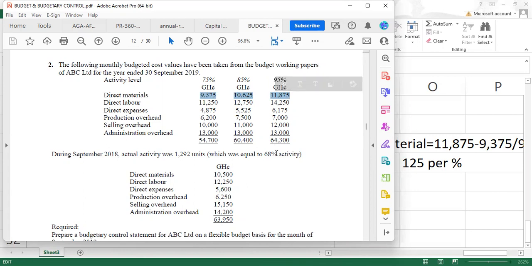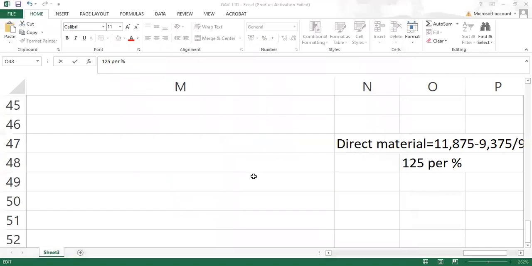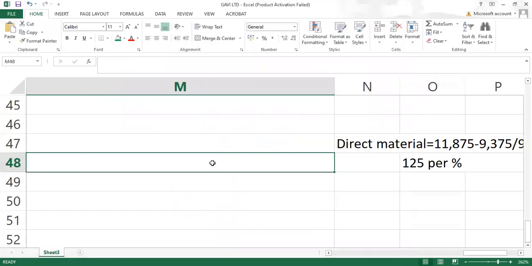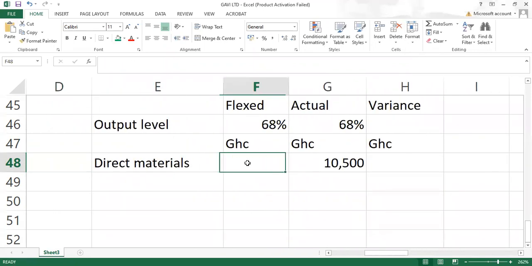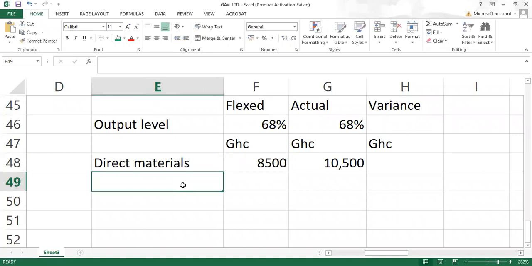But what is the actual activity level now? 68%. So if we budgeted that 1% is 125, what should have been for 68%? 8,500. Are we okay with that one? Okay.